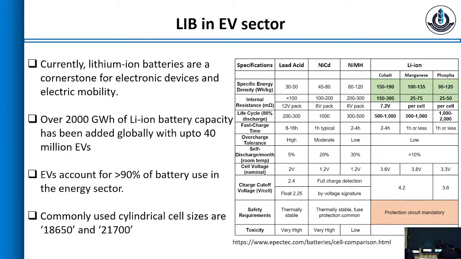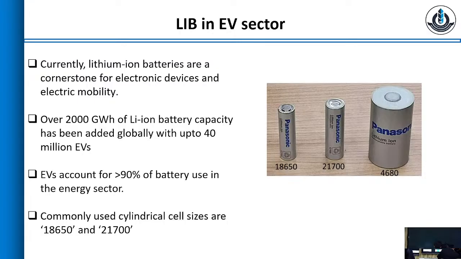The commonly used batteries are cylindrical sizes, 18650 and 21700. These are typical configurations, cylindrical lithium-ion cells, and they are primarily named after the dimensions of the battery.